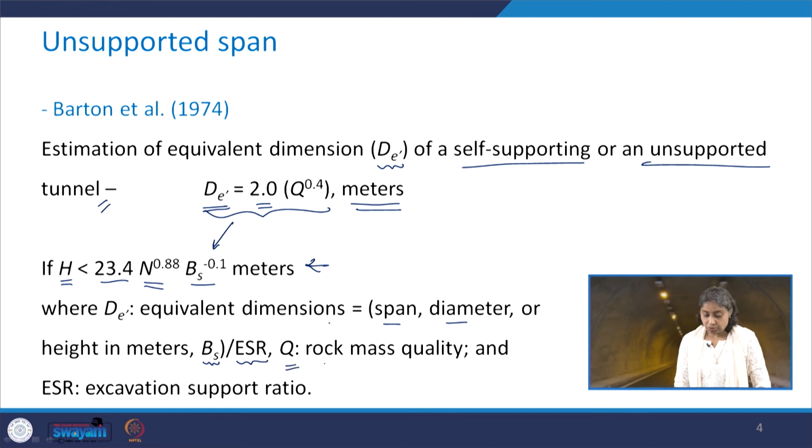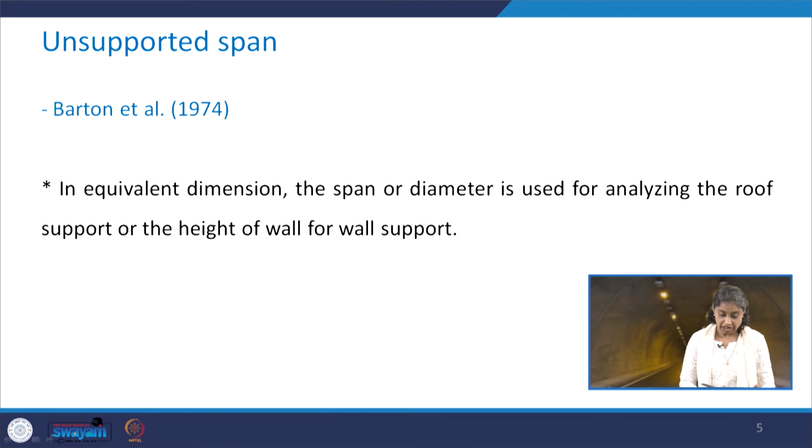Then Q represents the rock mass quality. Now, the question comes here, how to determine the value of ESR. So, typical values of ESR for various types of projects have been recommended. We will learn that in a short while.